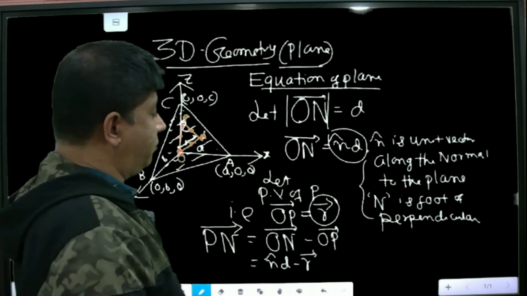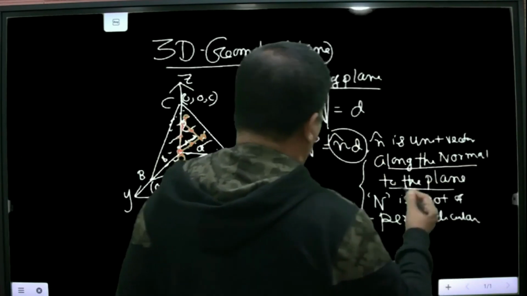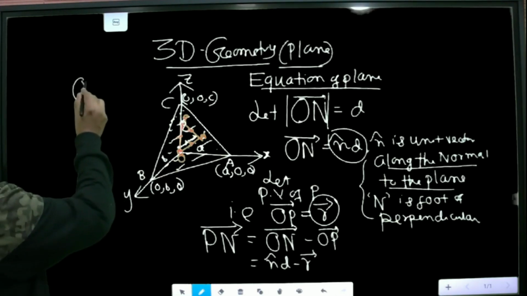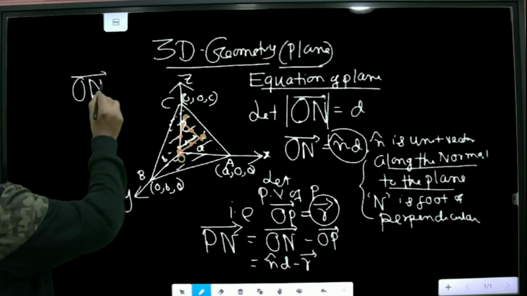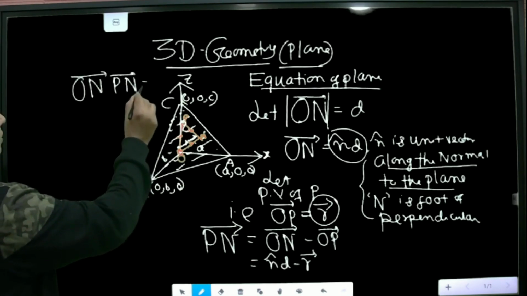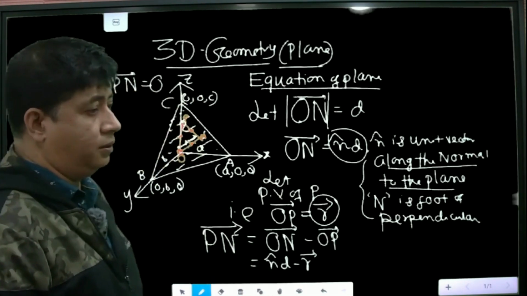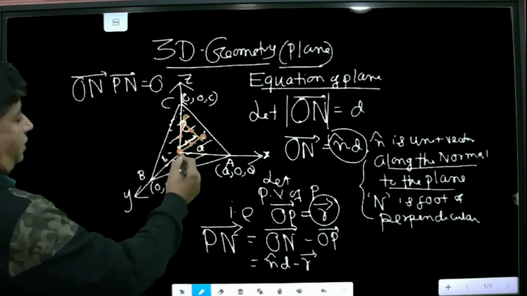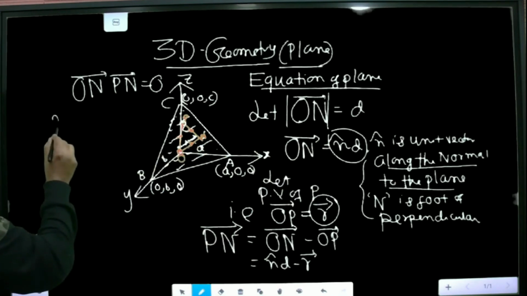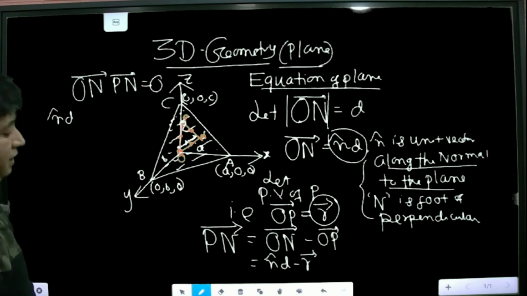Now, n cap is unit vector along the normal to the plane. That means I can write ON dot PN is 0 because they are perpendicular. What is ON? n cap d. What is PN?